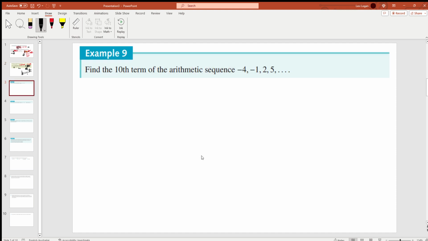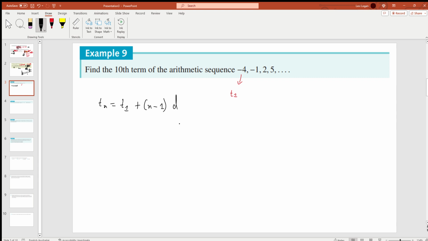Example 9: find the 10th term of the arithmetic sequence -4, -1, 2, and 5. Okay, so to start off with, we label our terms. That's your first term, so that's your T of 1. And let's just write out the formula straight away. So T of n equals T of 1 plus n minus 1 times d.